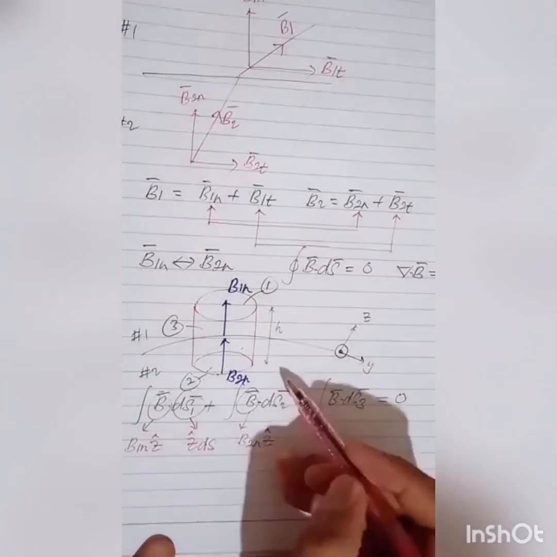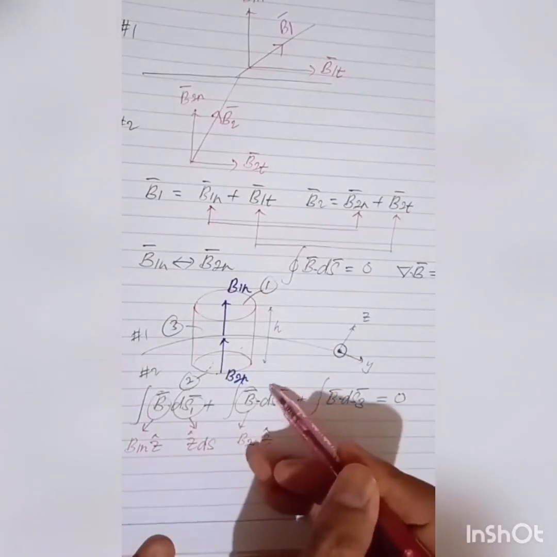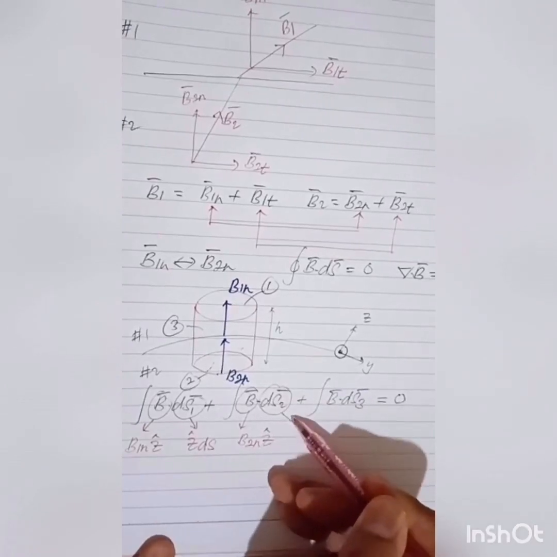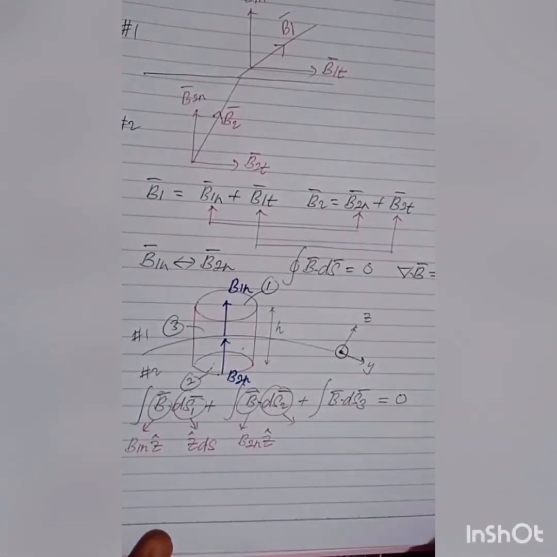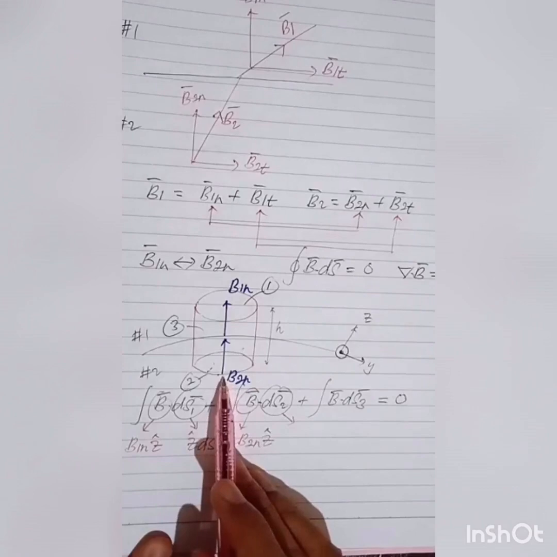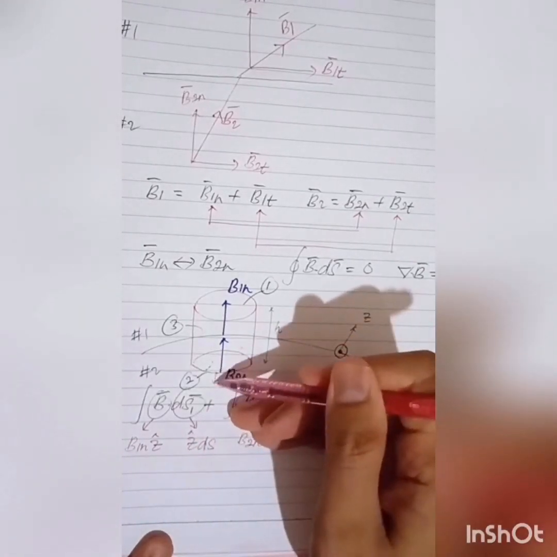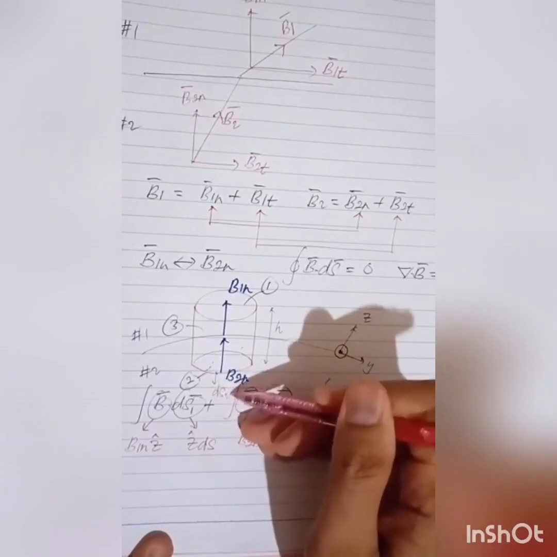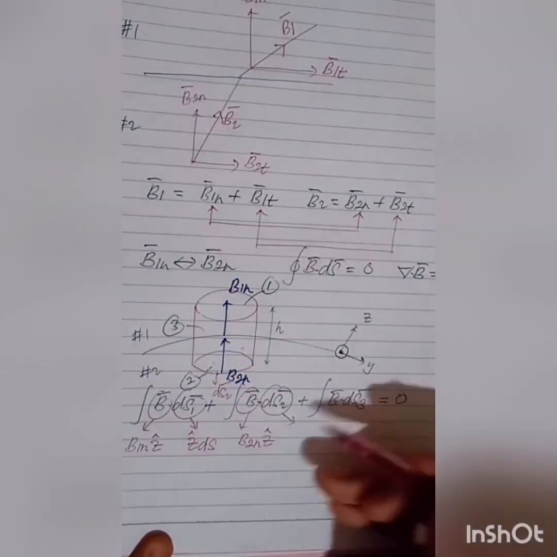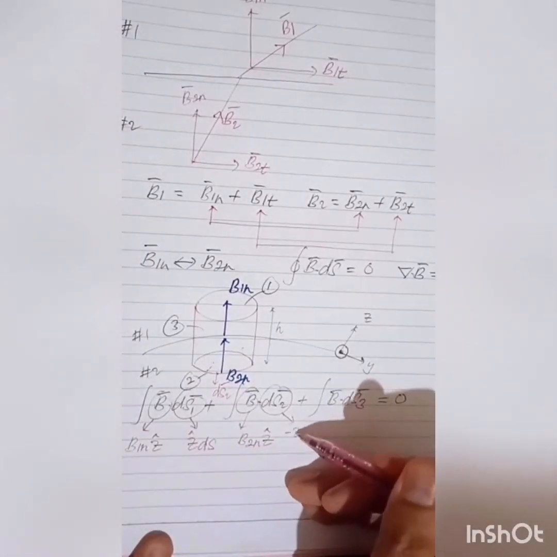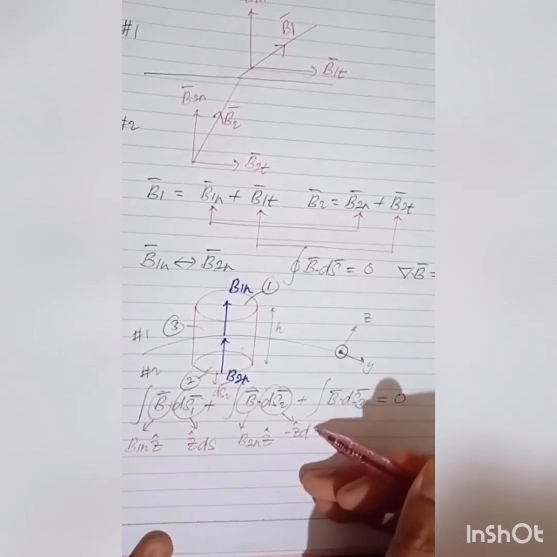Now for the ds number 2 here, again the ds must always point away from the surface. Since the surface is down here, the ds number 2 should be downwards, right? So you can simply put here a negative Z ds.